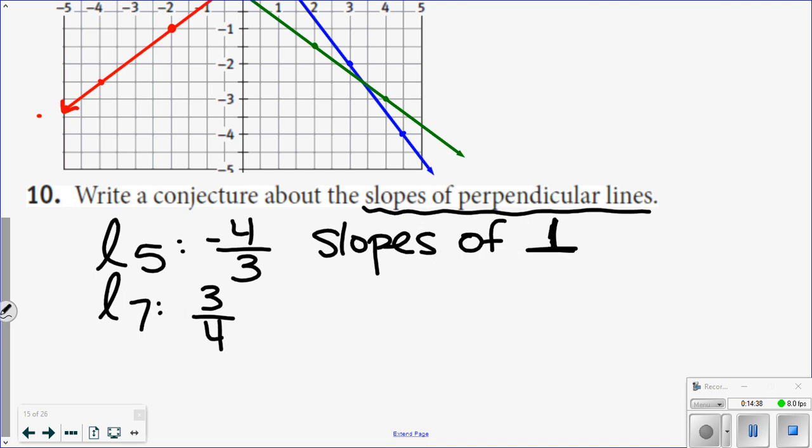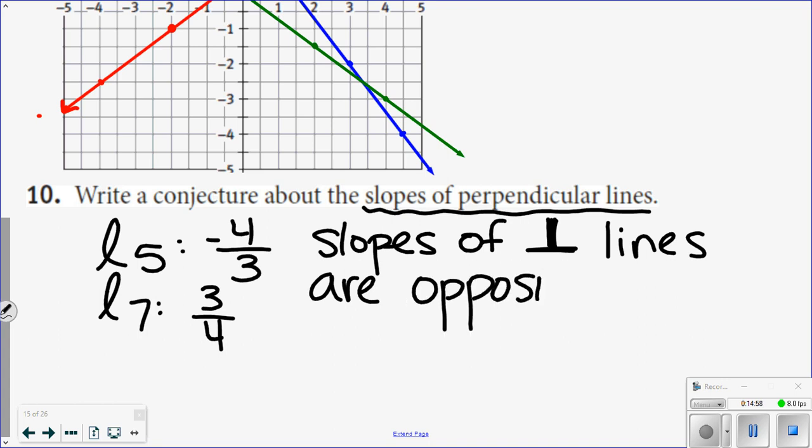This sign means perpendicular. Two things. The first thing we notice is that one of them is negative and one of them is positive. So we're going to use the word opposite. They have opposite signs. Slopes of perpendicular lines are opposite. One's positive, one's negative. What else do we notice?